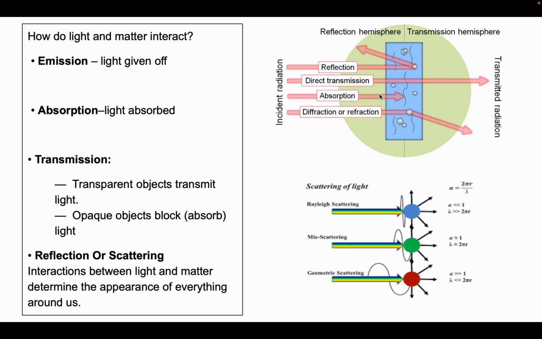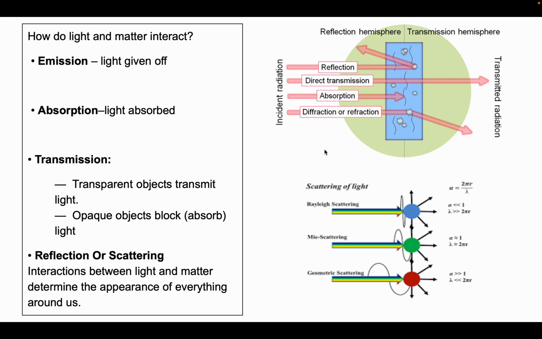Some part of it gets reflected, some part gets transmitted, that is, it goes directly through and comes out from the other surface. Some part of the light gets absorbed within the matter, and some part goes into the matter but changes path, that is, it is refracted.